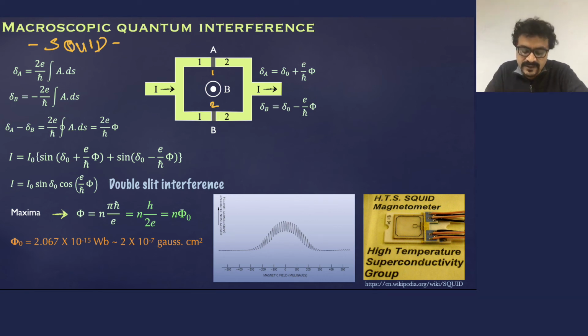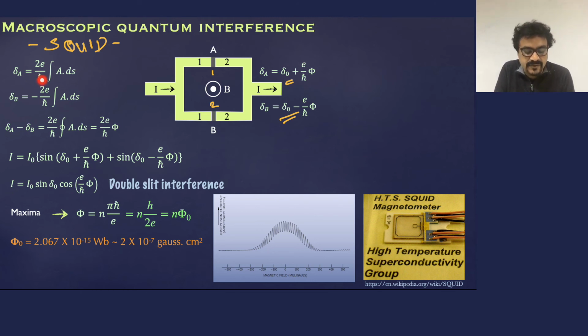One is the natural phase that gets accumulated along this length, and let's assume that it is the same, because this is a symmetric ring, and both are delta zero. Now you also have a phase that we learned from the Aharonov-Bohm effect, an AB phase that depends on the magnetic field.